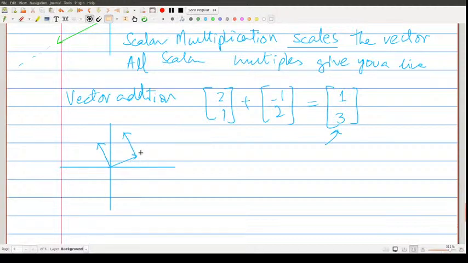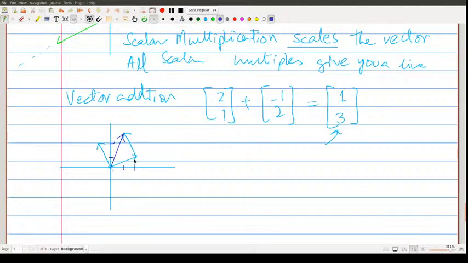Now we can join this together, and if you check what happened here, 2 plus -1: if I start from the origin and go to the end of the second vector, notice that the vector I've gotten has a horizontal component of 1 and a vertical component of 3.